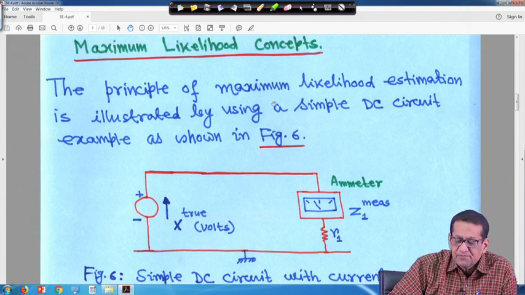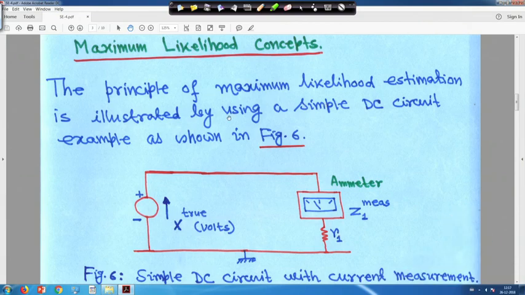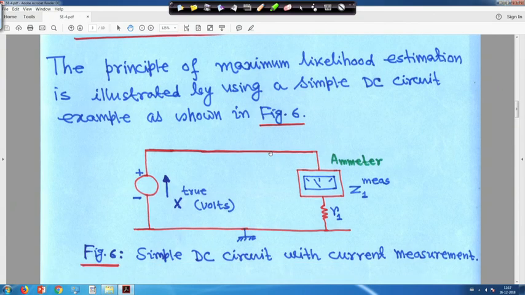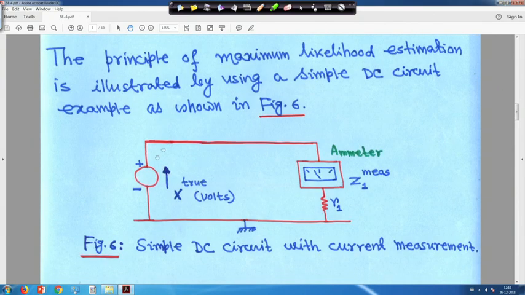The principle of maximum likelihood estimation is illustrated by using a simple DC circuit example, as shown in figure 6. This is the voltage, the true value that we have to estimate, and we have taken a simple circuit first. It is a voltage source, an ammeter, and one resistance R1, and this is Z1 measure.